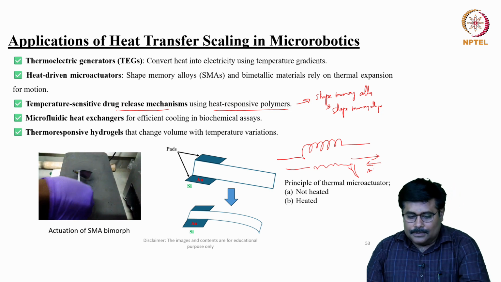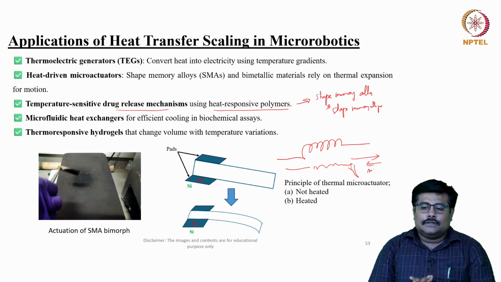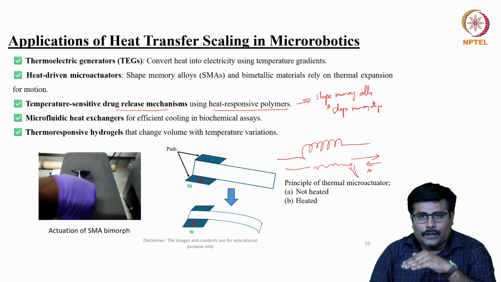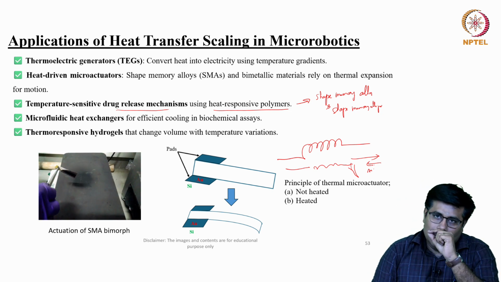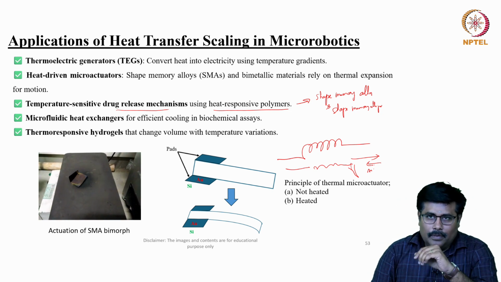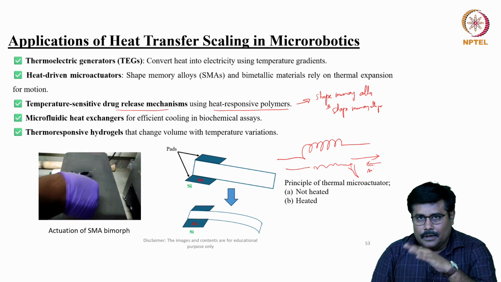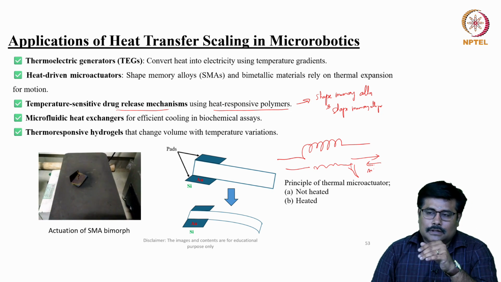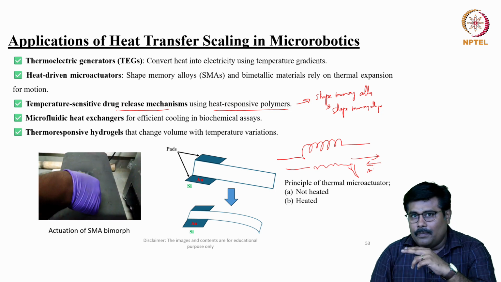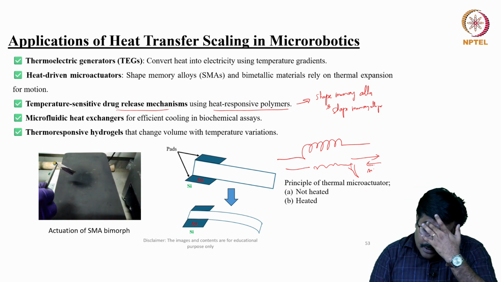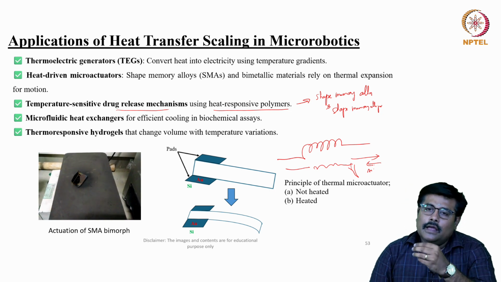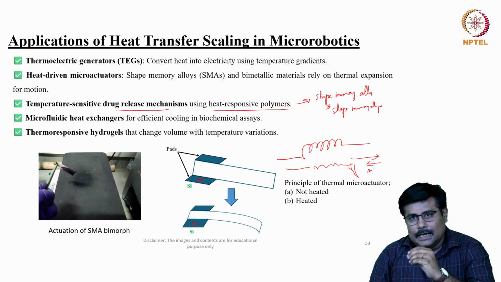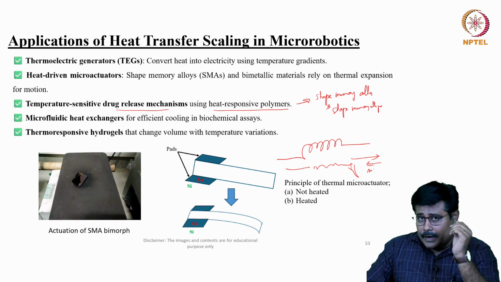If you closely observe the actuation of these structures, it is happening because of the heat transfer capability and the switching between the austenite and martensite phases. When we have this switching, it exhibits a displacement. It can also be used as a temperature sensor for different applications.